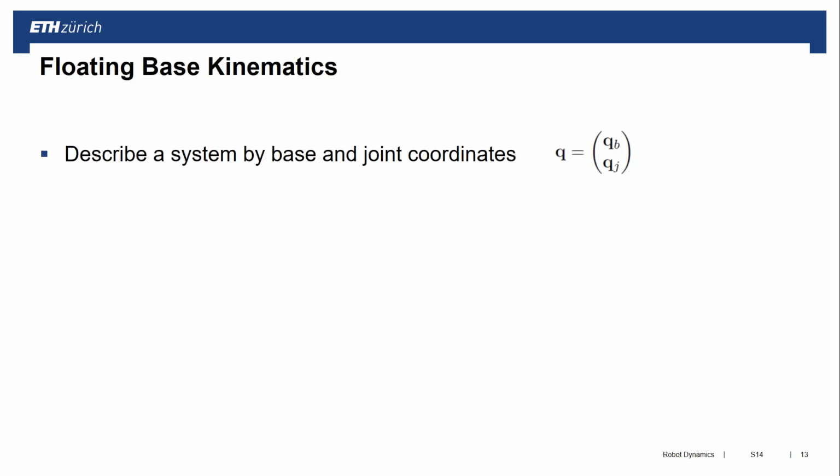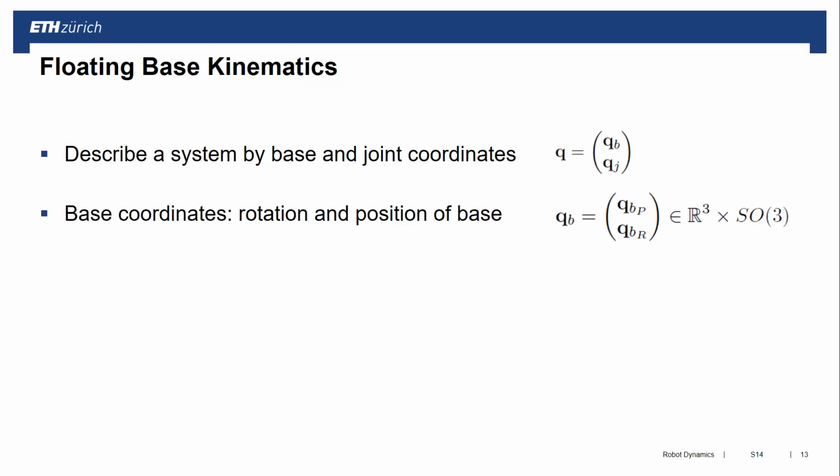Then very briefly, to conclude kinematics, we looked at floating-base systems, so systems that are not rigidly bolted to the ground. What that means is that we have the Q being composed of base coordinates and joint coordinates. And these base coordinates are composed of a position, which is 3 parameters, and an orientation, this QB rotation, which can again be quaternions, Euler angles, it's your choice.